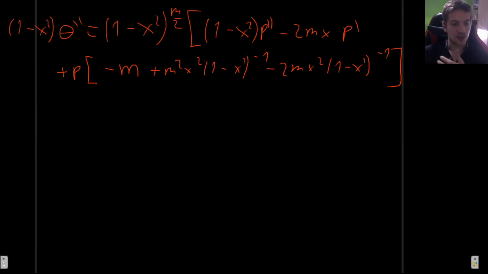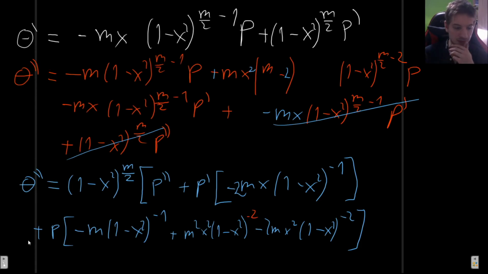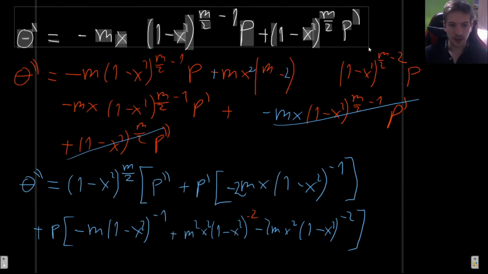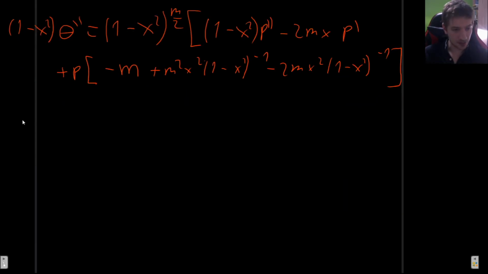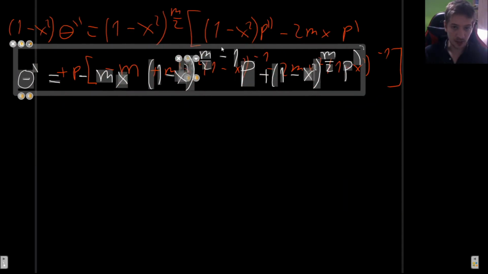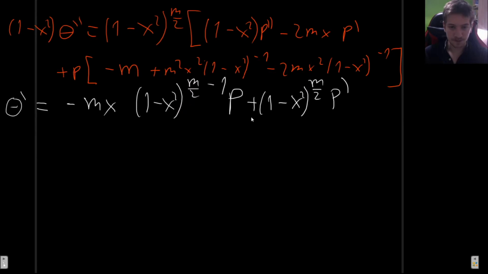Okay, now let's do the same, but for the first derivative, which is going to be this. So we have to multiply this by minus 2x, because that's what is in our equation. Okay, so now let's just take minus 2x times p prime, but I don't want to use red actually. Let's stick to white because it's the same color that we have here. Okay, so let's multiply this by minus 2x.